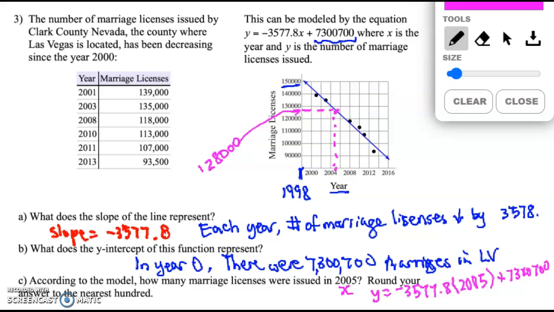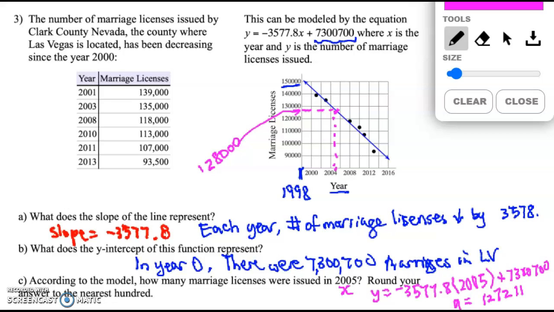Then I am going to pull out my calculator, and you can pull out your calculator too and plug that in. So remember, it's negative 3577.8, and it has to be negative, times 2005 is equal to, okay, and then to that you are going to add 7300700, and that leaves me with y is equal to 127211.